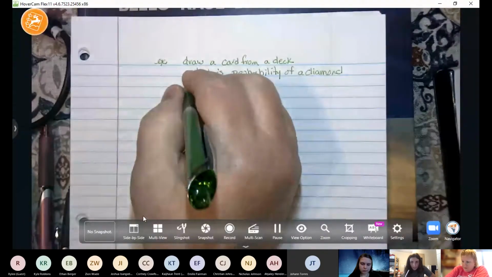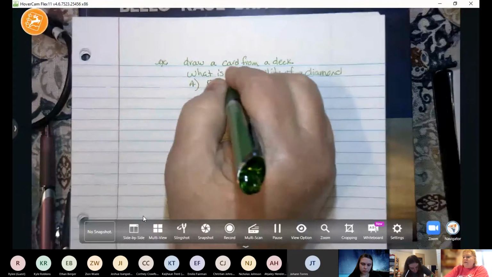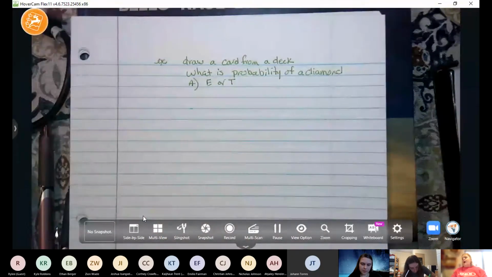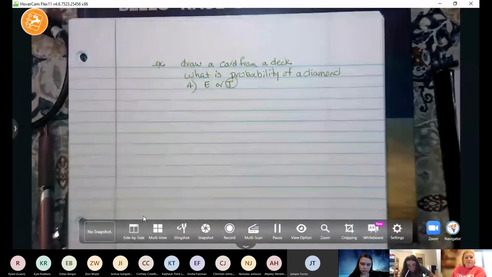What's the probability that it's going to be a diamond? So if we ask ourselves, is that empirical or theoretical? There's not a lot of data given. It's only the situation about drawing from a deck. So we're going to have to rely on theoretical information to make this prediction.